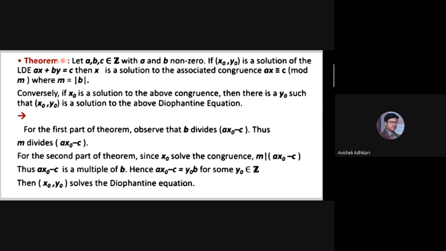For the second part of the theorem, since x0 solves the congruence, m divides ax0 minus c, thus ax0 minus c is a multiple of b. Hence we can write ax0 minus c equals y0 times b for some y0 belonging to Z. Then x0 and y0 solve the Diophantine equation.